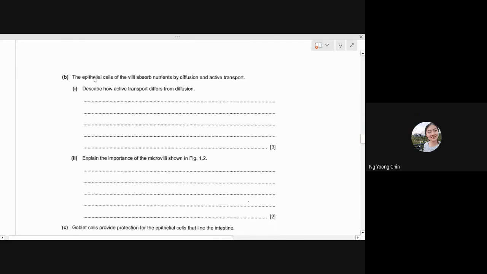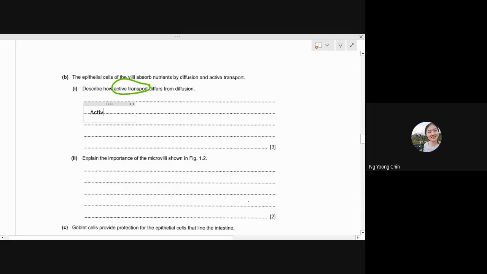Okay, so epithelial cells of the villi will absorb the nutrients by diffusion and active transport. So tell the difference between active transport and diffusion. Okay, so when the question asks about this, describe how active transport differs from diffusion, that means your answer must only include active transport. So you can see how I write the answer.